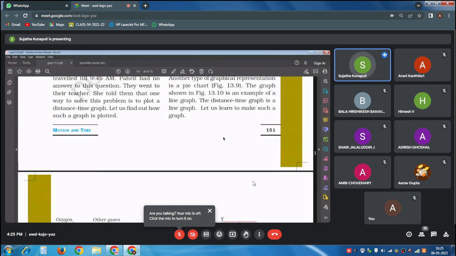Have you already learned it or not? Yes, ma'am, we learned it in maths class. You have learned how to draw a graph, how to take the measurements, and how to write the scale. What we have to take on the x-axis, what on the y-axis.